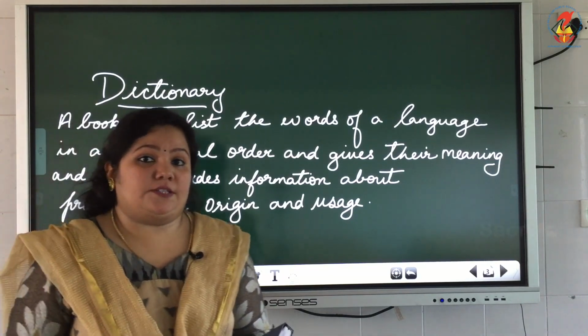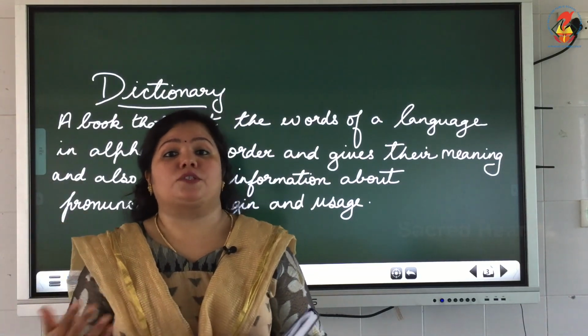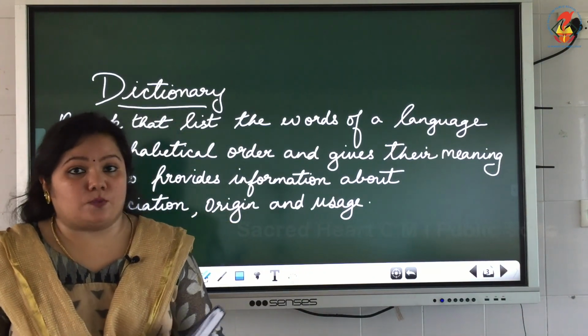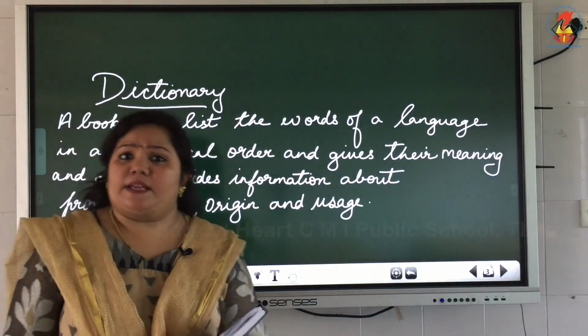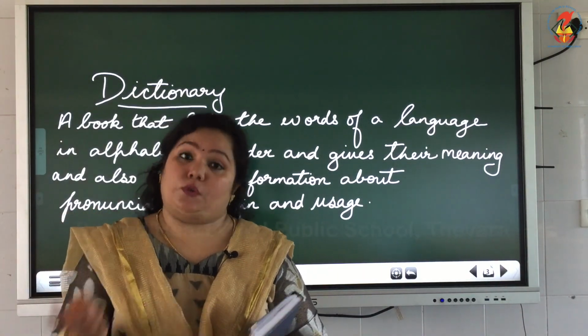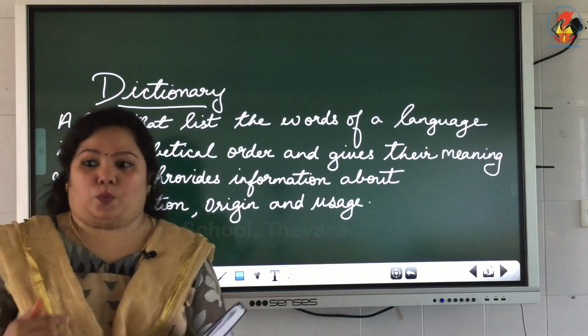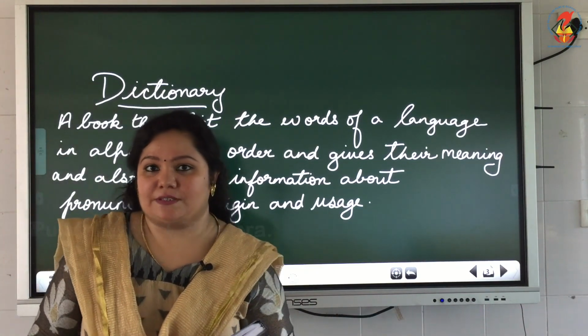Nowadays, you have Google search and various other search engines which help you find the meanings of various words. But when the internet was not that prominent, people used to refer to dictionaries, and even now we do have dictionaries at home, right, children?